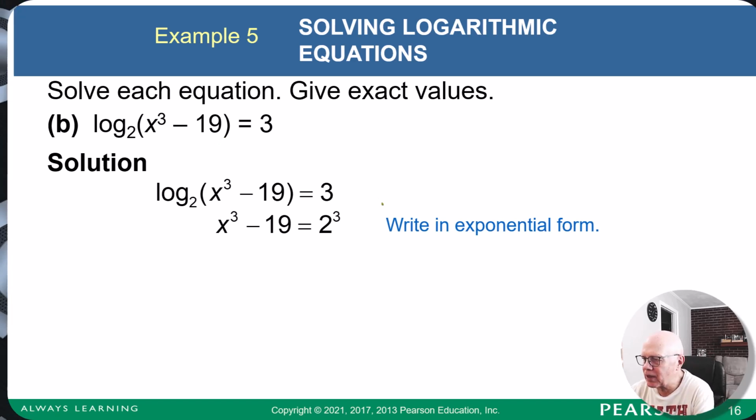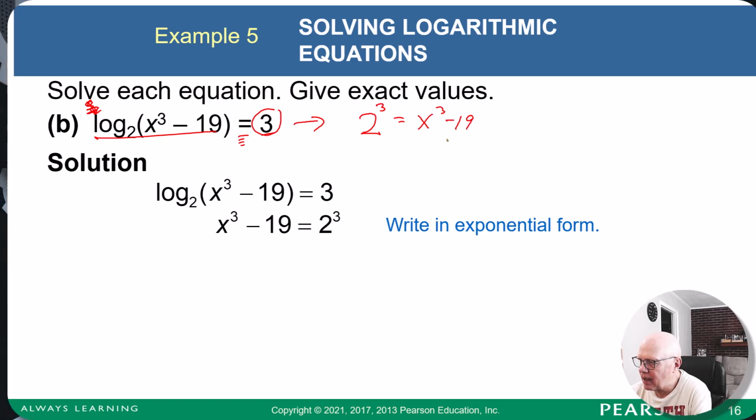Now, in exponential form, remember, you always start with the base. The base in this case is a 2. What's the exponent? Well, logarithms are exponents, so there's the exponent, 3. And what's that equal to? Well, the only thing that's left is x cubed minus 19.